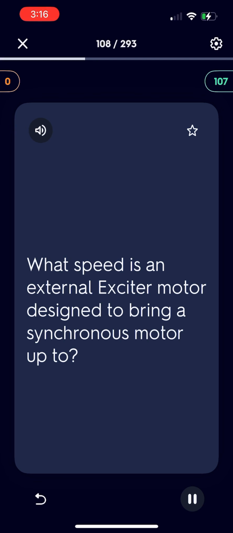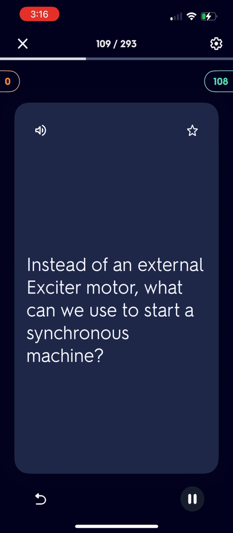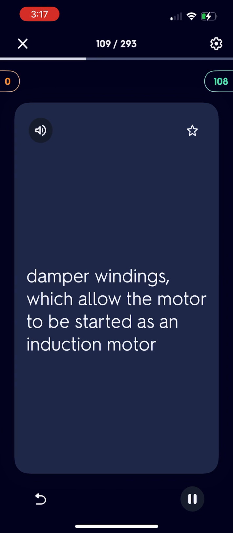What speed is an external exciter motor designed to bring a synchronous motor up to? About 90% of its synchronous speed. Instead of an external exciter motor, what can we use to start a synchronous machine? Damper windings, which allow the motor to be started as an induction motor.